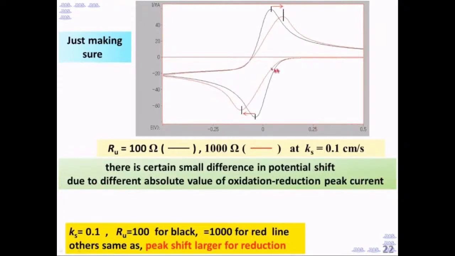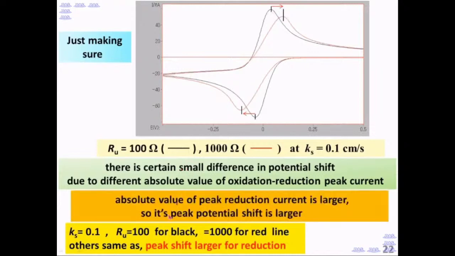Absolute value means this direction is the background current and this. So this difference has an influence of this magnitude. The absolute value of the peak reduction current is larger, and so its peak potential shift is larger.